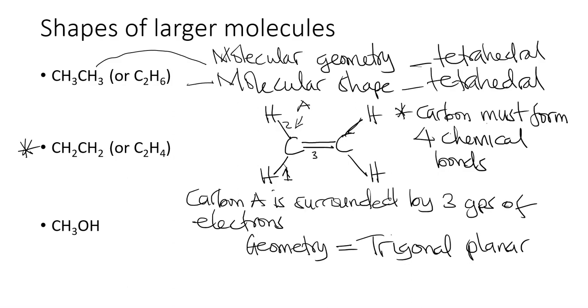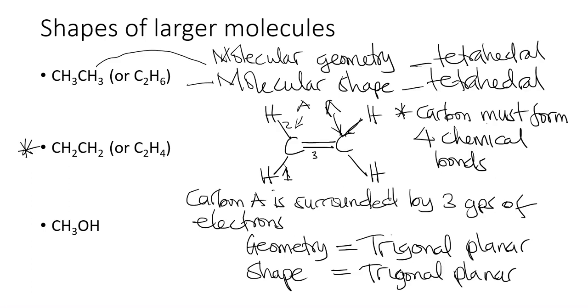And because we don't have any non-bonding pairs, the shape is also trigonal planar. Whatever happens to carbon A is also happening to carbon B. So carbon B has the geometry trigonal planar and the shape also trigonal planar.